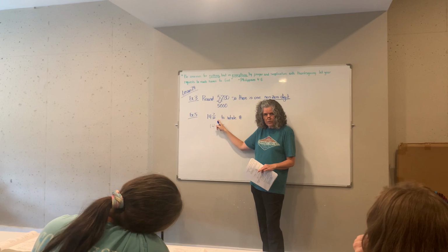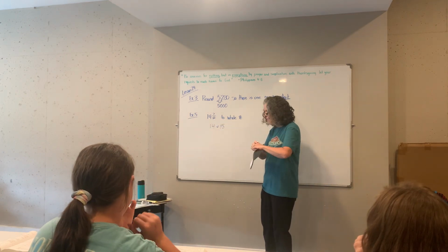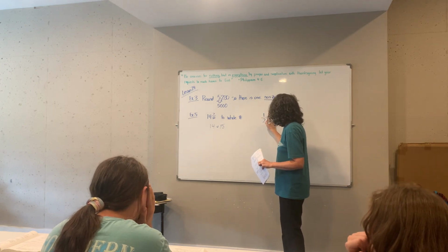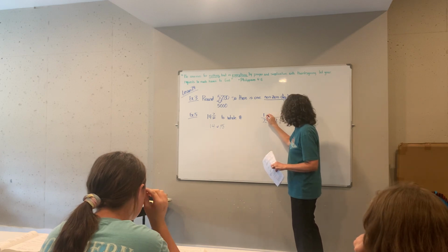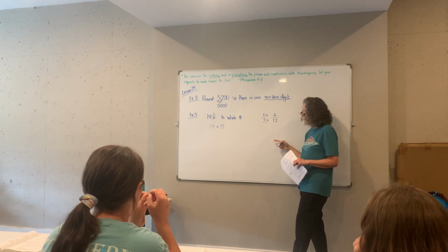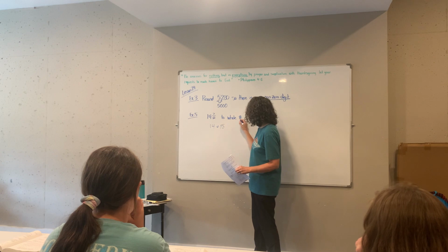Halfway in 12ths would be what number? If I was going to do 1/2 but wanted it in 12ths, I would multiply by 6, and that would be 6/12, which is the same as 1/2. This is 7/12, so it's past halfway.